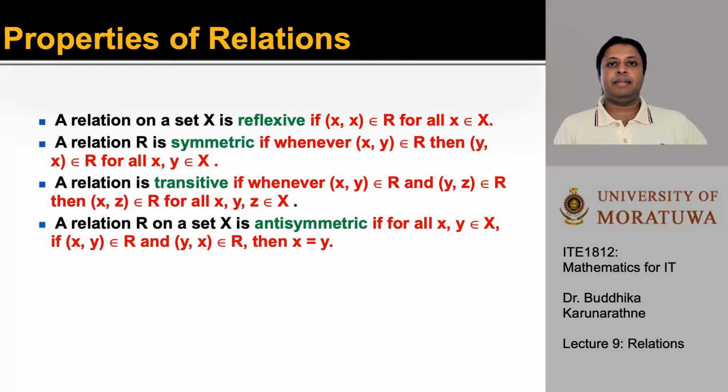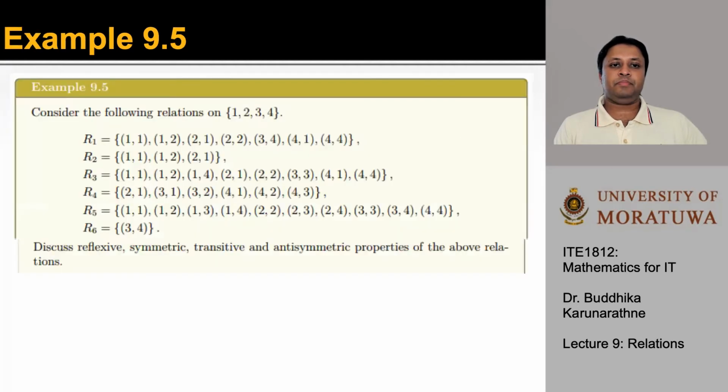We will look at an example to better explain these four properties. Here, consider these six relations from R1 to R6. You can discuss the reflexive, symmetric, transitive, and antisymmetric properties of these relations. If you take reflexive, and take the R3 relation, for example, it has (1, 1), (2, 2), (3, 3), and also (4, 4).